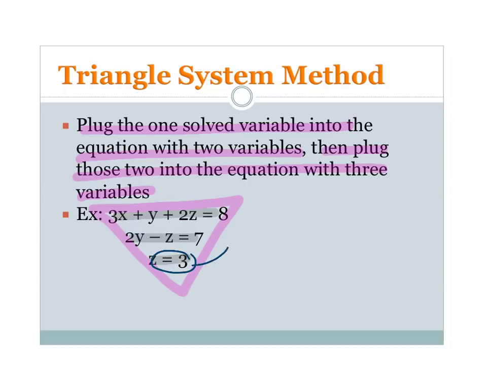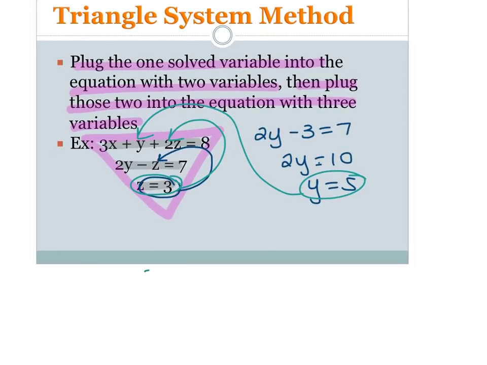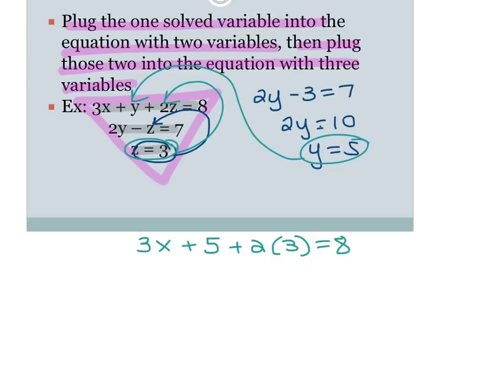I'm going to take the z, plug it into the equation that has 2 variables. 2y minus 3 equals 7. 2y would equal 10 and y equals 5. And now take z and plug it in here and y and plug it in here. 3x plus 5 plus 2 times 3 equals 8.